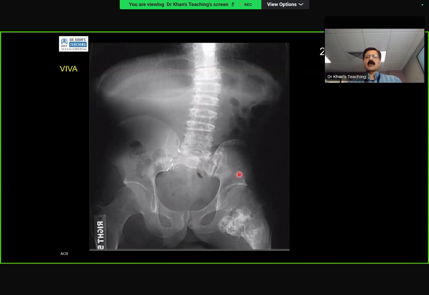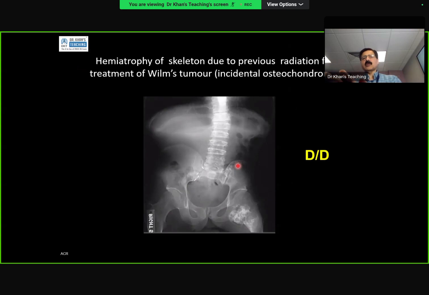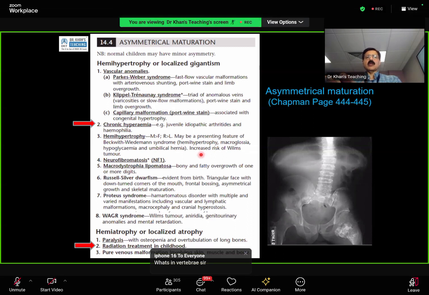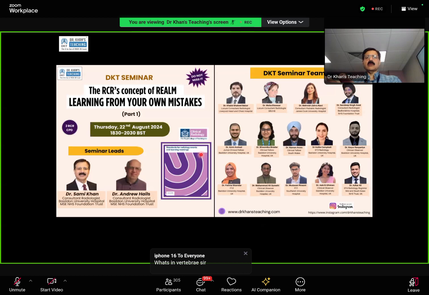Because of that, there is atrophy of this, and the adjacent side of the vertebrae are disproportionately involved. So you can imagine that this was the radiation portal. This is a classical exam film, a story film, and you can only diagnose it if you remember this concept of hemiatrophy. Candidate 6, well done. You did very, very well. Thank you, sir.